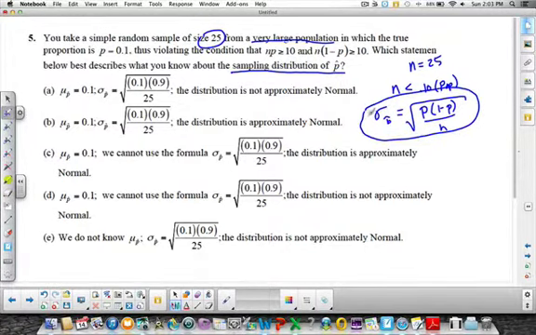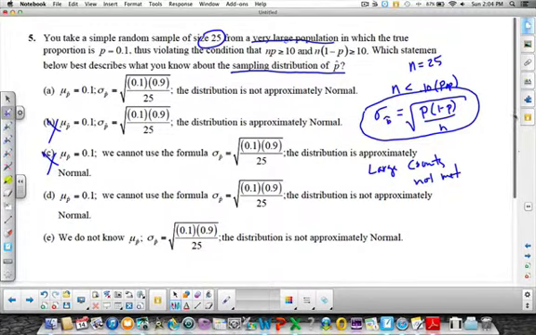Okay? Now, the other part of this is, well, what is the shape of the sampling distribution going to look like? Because I don't have 10 successes and 10 failures, I have not met the large counts condition. And because I haven't met the large counts condition, I cannot say that the sampling distribution is approximately normal. So B says it's approximately normal, C says it's approximately normal, and then A, D, and E say it's not approximately normal.